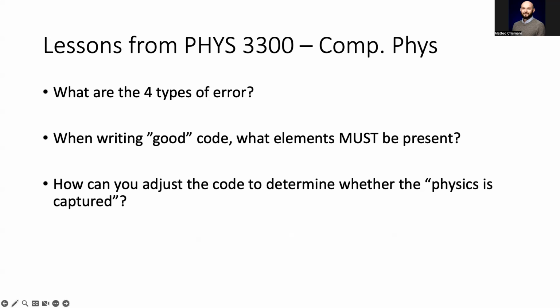There's a competition between numerical accuracy, which is the ability to represent numbers, and your approximation error, which is your ability to represent the physics. As I make the space between grid points to take my derivative smaller and smaller, I make my approximation error go down, but suddenly I hit a wall and my numerical error starts to shoot up because my numbers are no longer represented well by the computer, right?